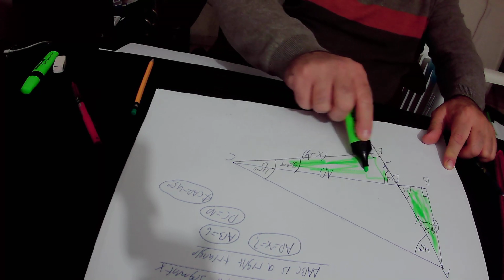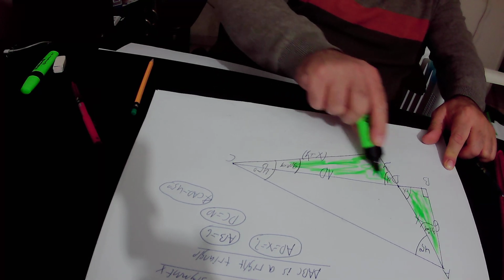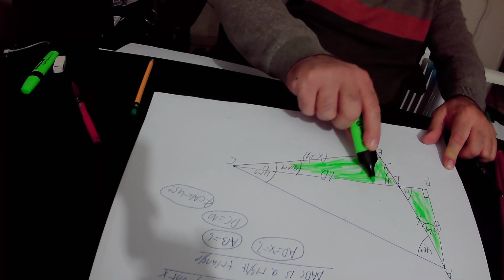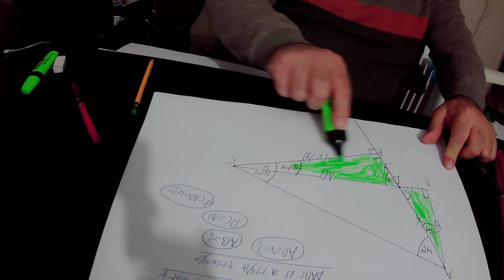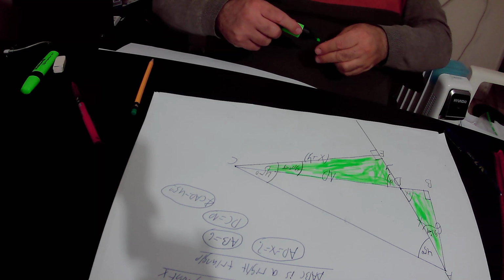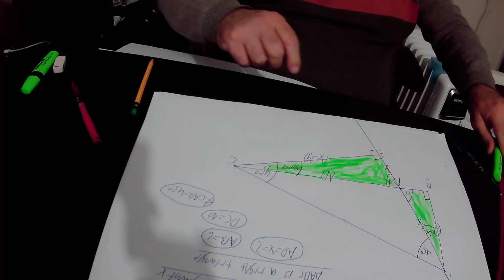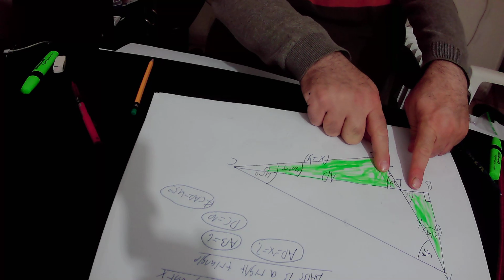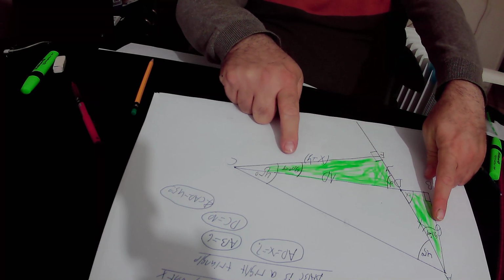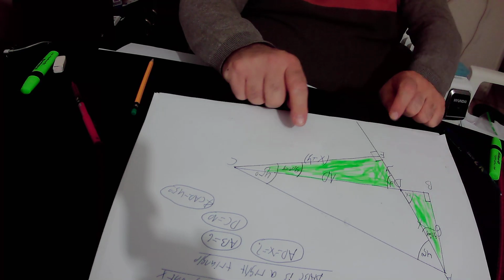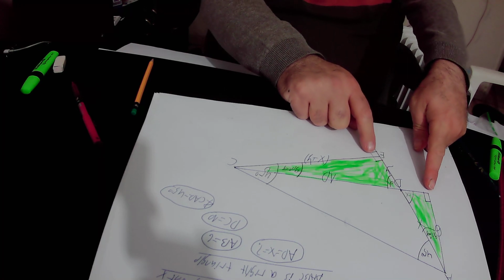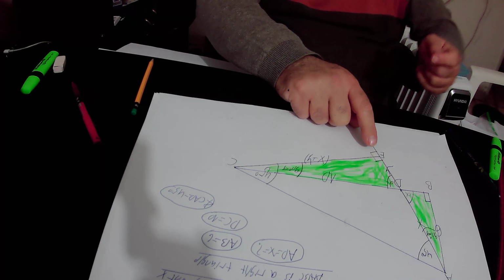Because they have the same angles. Both triangles have angle alpha. Both those two triangles have an angle that is equal to 90 degrees minus alpha. And both those two triangles have an angle that is a right angle. It is equal to 90 degrees.